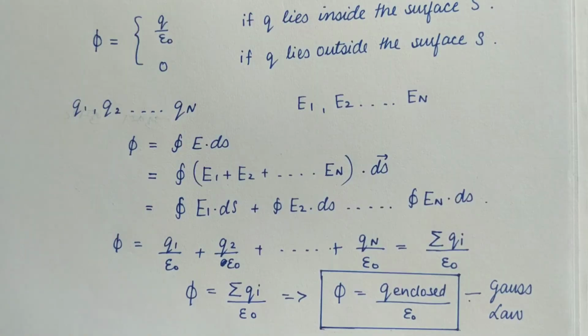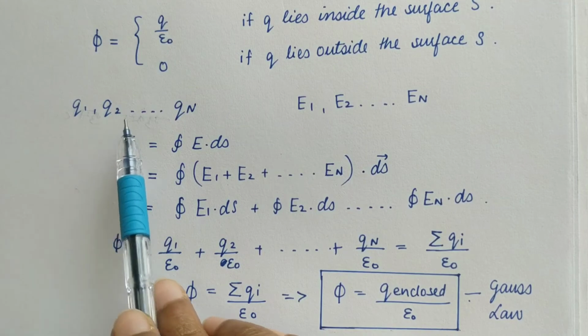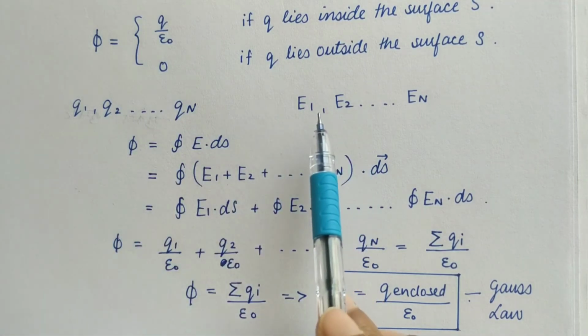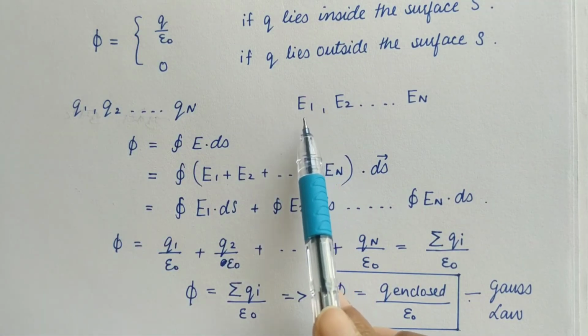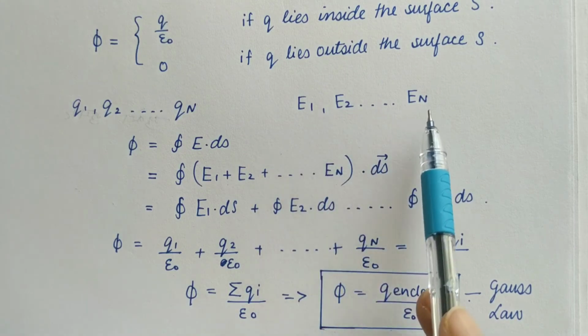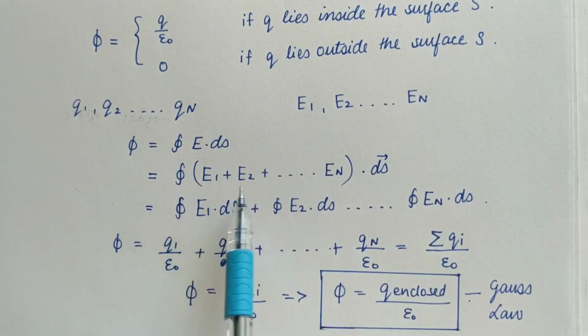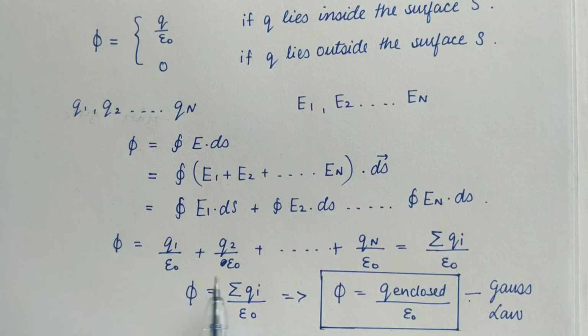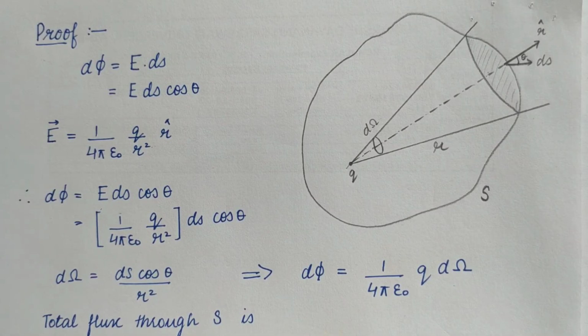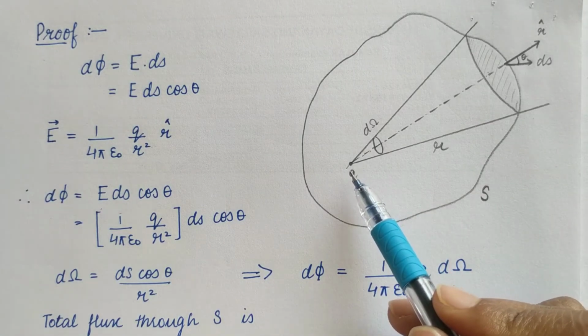Then if there are a number of charges q1 till qn, and respectively their electric fields as E1, E2 till En, then we'll write it as this. And at last we will get the charge in the summation form, and here comes phi equal to q enclosed upon epsilon naught. So this proof was for when the charge lies inside the Gaussian surface.